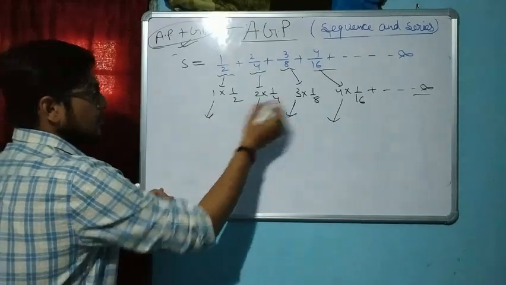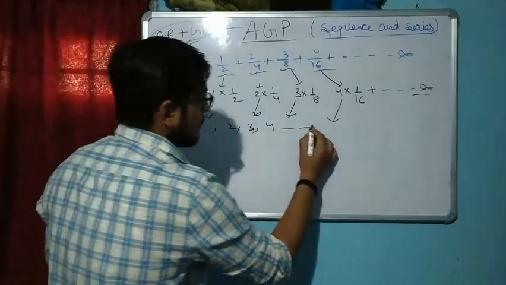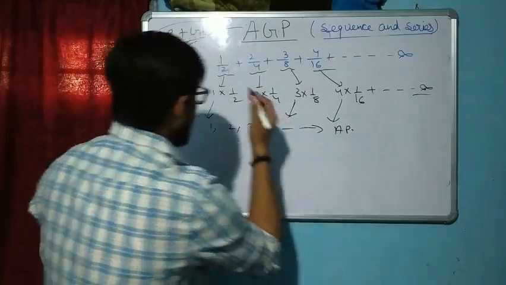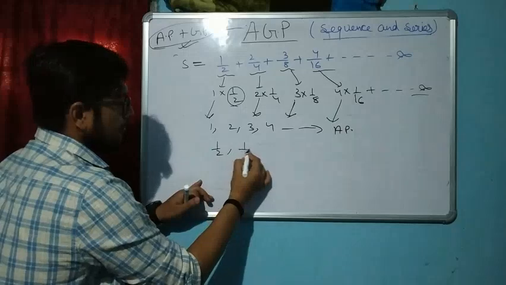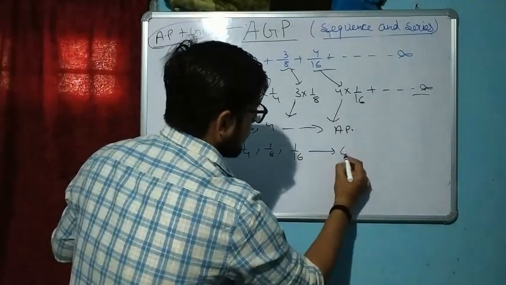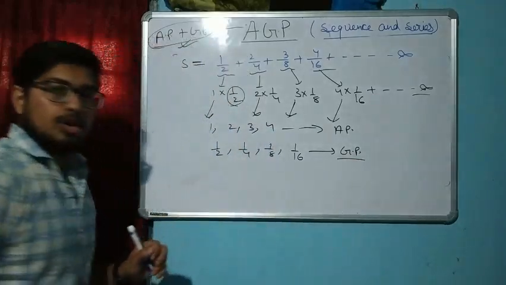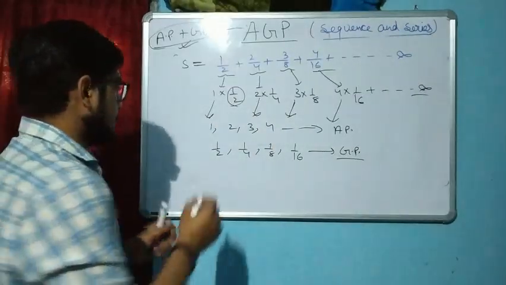So basically these constant terms are in AP: 1, 2, 3, 4. And the other terms, 1 by 2, 1 by 4, 1 by 8, 1 by 16, are in GP. So now you can conclude that the given series is nothing but an AGP.